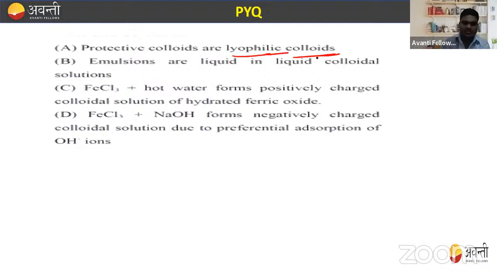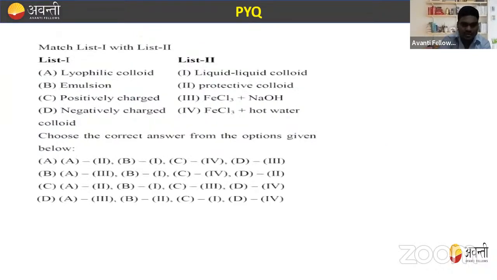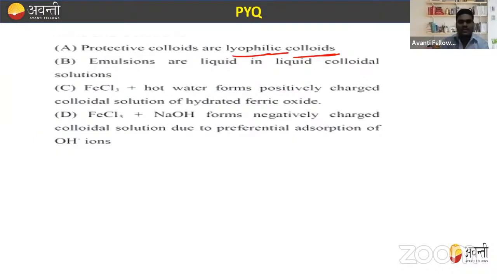Emulsion is a liquid in liquid colloidal solution. FeCl3 plus hot water forms a positively charged colloid, hydrated ferric oxide. Similarly, FeCl3 plus NaOH forms a negatively charged colloidal solution due to the preferential adsorption of OH ion.